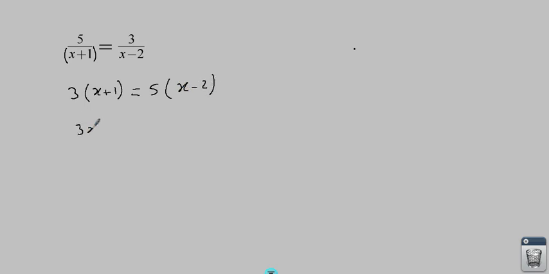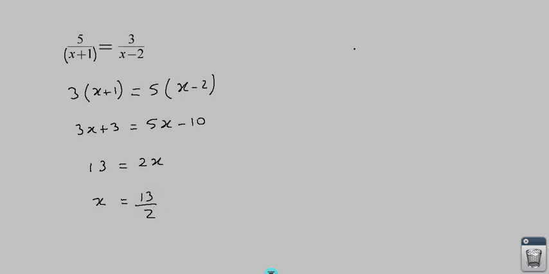This is 3x plus 3 equals 5x minus 10. And if we take the constants to the left hand side, can you see that it's 13 equals 2x? Mentally, you can do that. And therefore x equals 13 over 2.